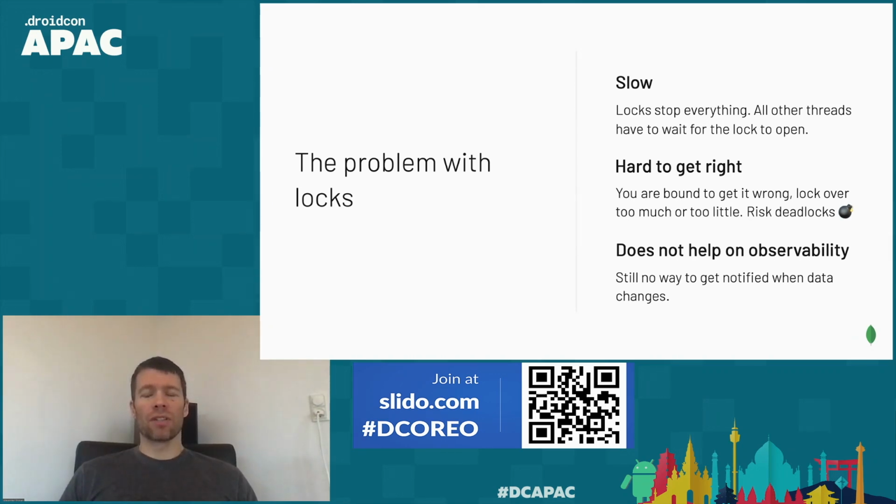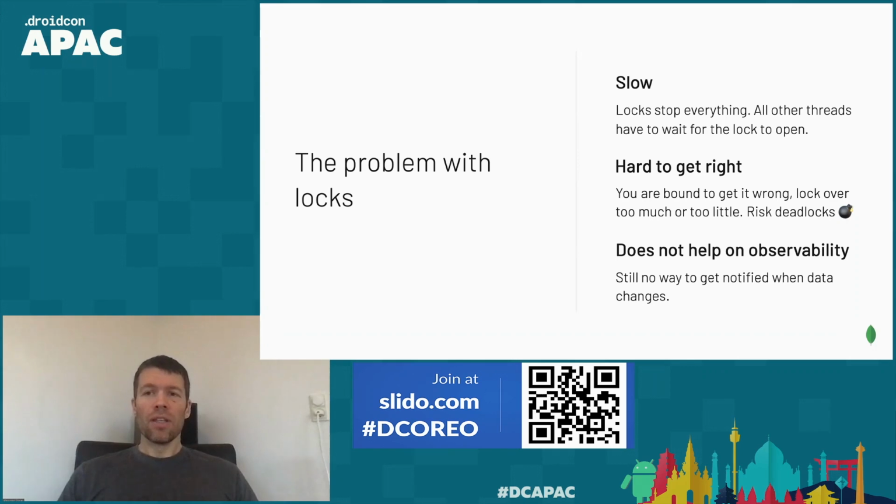People tried locks, and it was just too much work. They still use locks occasionally for very specific things, but for modern mobile apps, for the main interaction between threads, they're just not sufficient. These problems are just too hard.